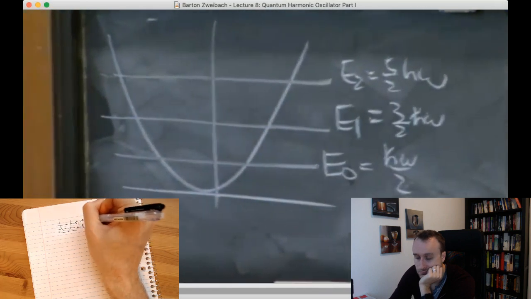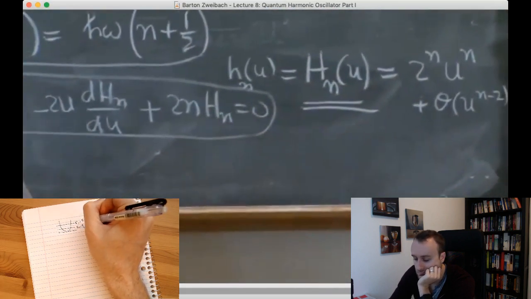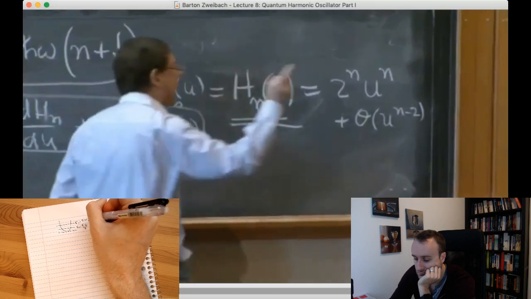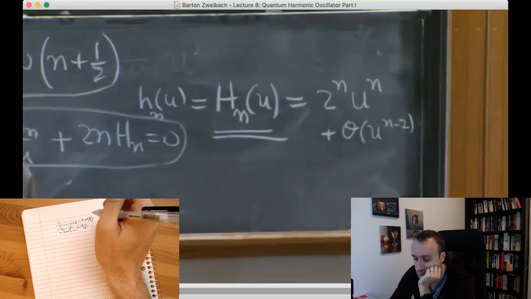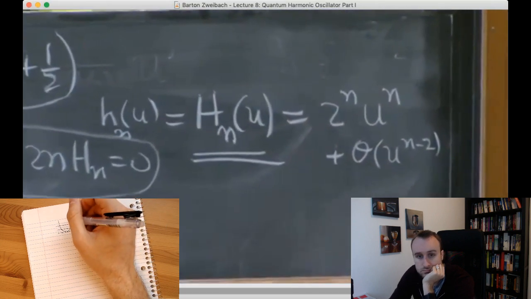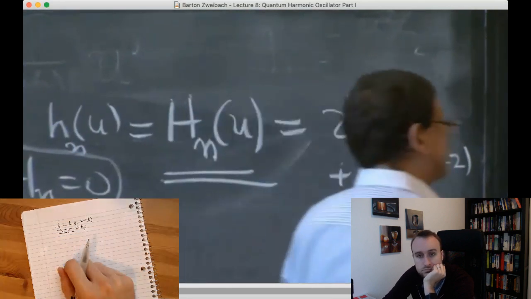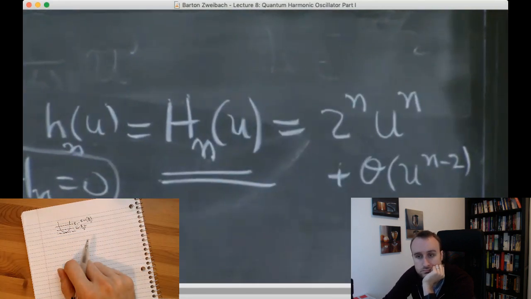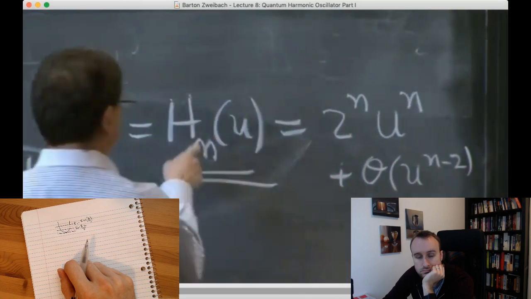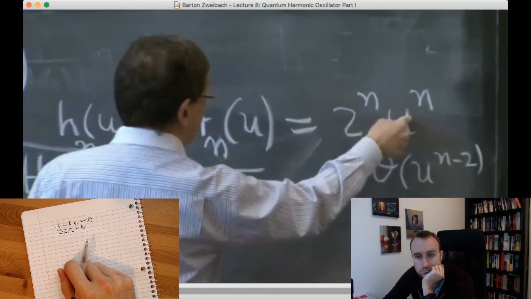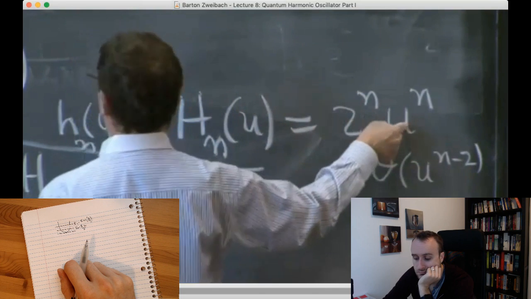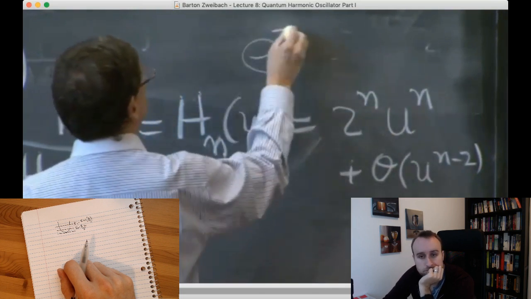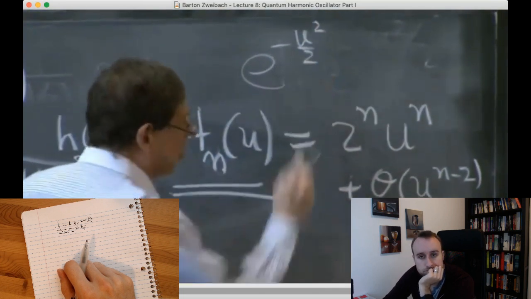This polynomial is nth degree polynomial, so it has n zeros, therefore n nodes. So these wave functions will have the right number of nodes. E0, the psi 0 will have no nodes. When you have psi 0, the hn becomes a number for n equals 0, and the whole solution is the exponential of minus u squared over 2.